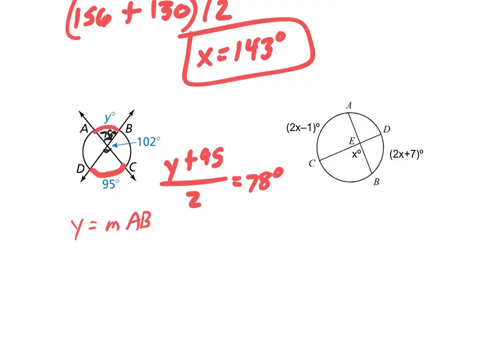So we got a little algebra equation here. We want to solve for y. What would be the best way to solve for y here? What would be my first step? Multiply by 2. Good. So we're going to get y plus 95 equals, and then take 78 times 2.